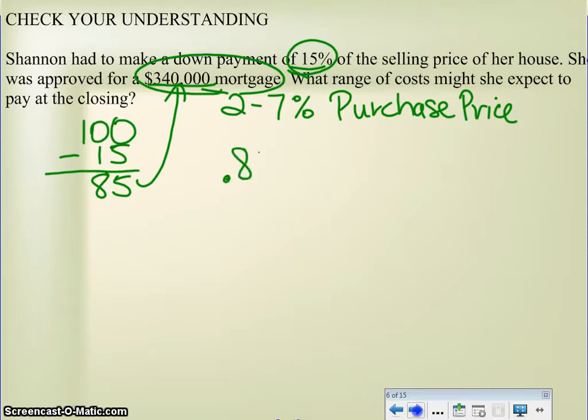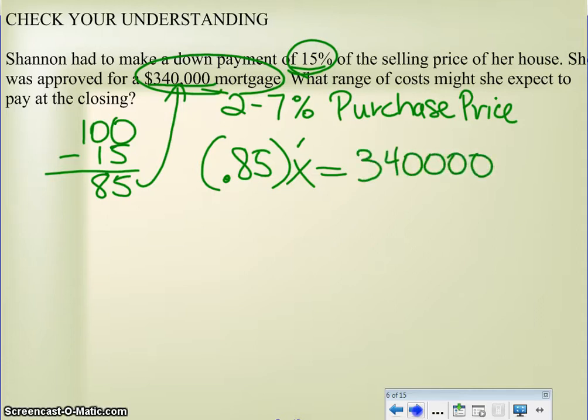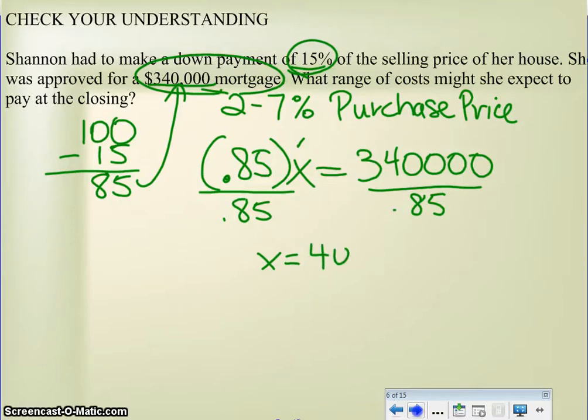So if I take 0.85, that's 85% as a decimal, times whatever the purchase price is, I know that I will get a value of $340,000. So then I divide both sides by my 0.85, and I find that the amount of the purchase price for this particular home is $400,000.